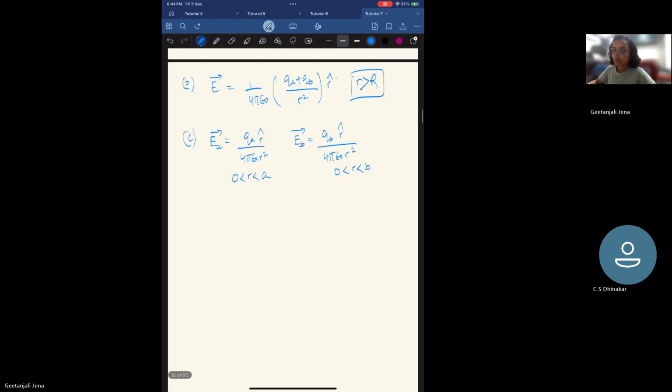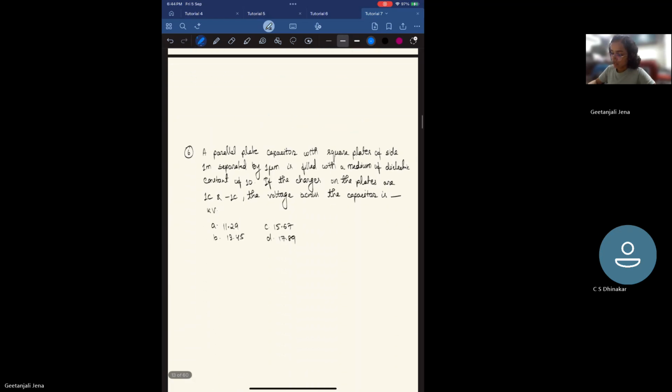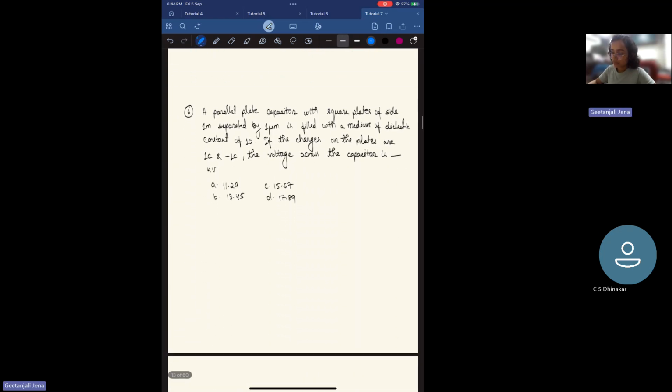Okay, let us move to our next problem. It is based on a numerical calculation. Given a parallel plate capacitor with square plates of side 1 meter, separated by a distance of 1 micrometer, and the space is filled by a medium of dielectric constant 10.